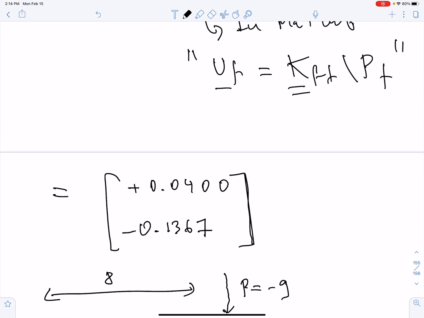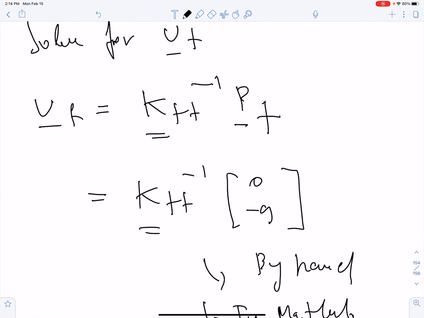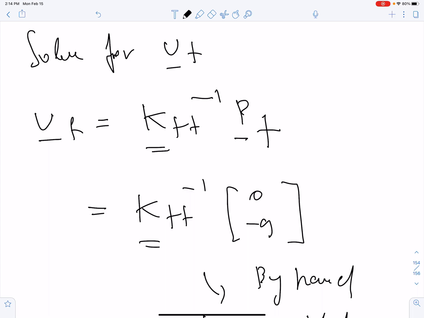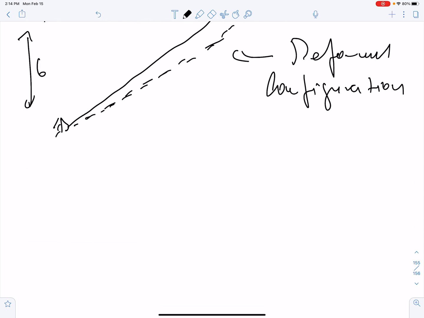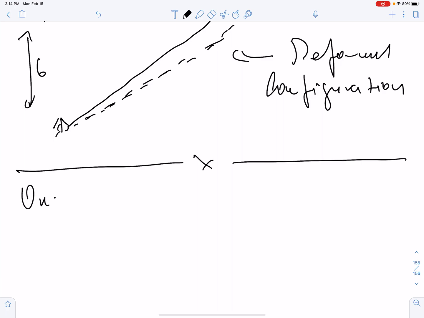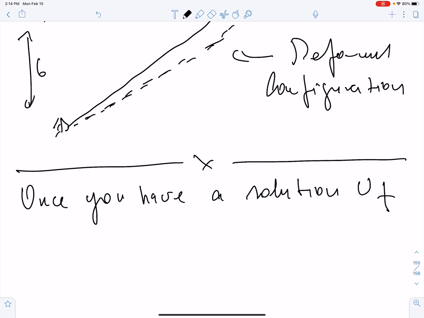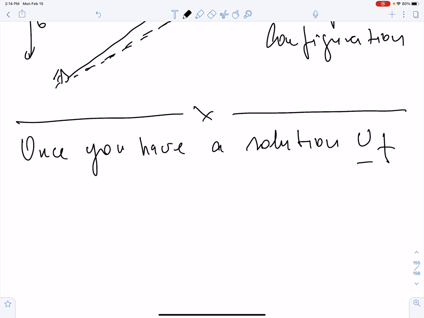So at this point, you've basically assembled your stiffness matrix, you're given some force, and you find the displacement. So this is good. You've done the bulk of the work, but things don't stop here. The next step is, once you have a solution UF, oftentimes it's not the displacements that matter.